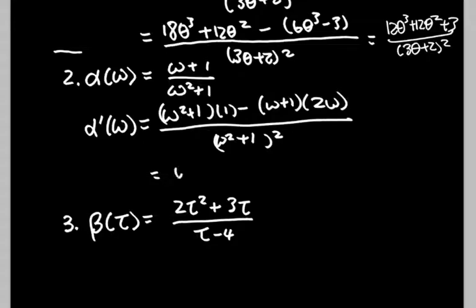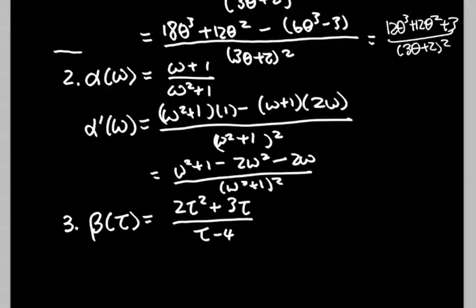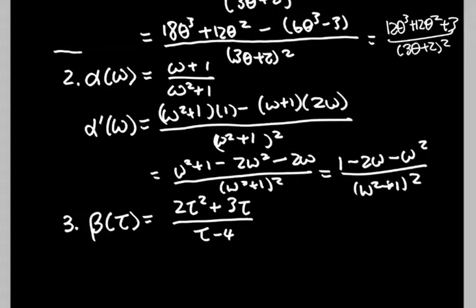Alright, so that's just omega squared plus 1 minus 2 omega squared minus 2 omega, all divided by omega squared plus 1 all squared, equals, and I'll just write it in ascending form, 1 minus 2 omega minus omega squared all divided by omega squared plus 1 all squared.